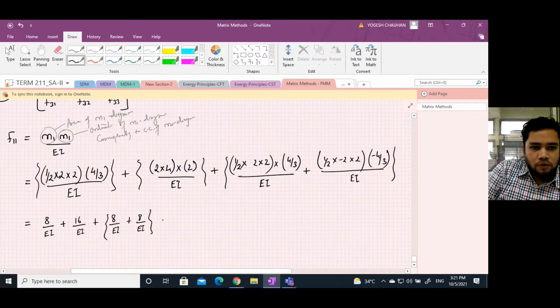Okay, so the total will be 72. 8 by 3 EI, this will be 8 by 3 EI, 8 by 3 EI, because this is 4 by 3, 4 by 3. So the total will be 72 by 3 EI.